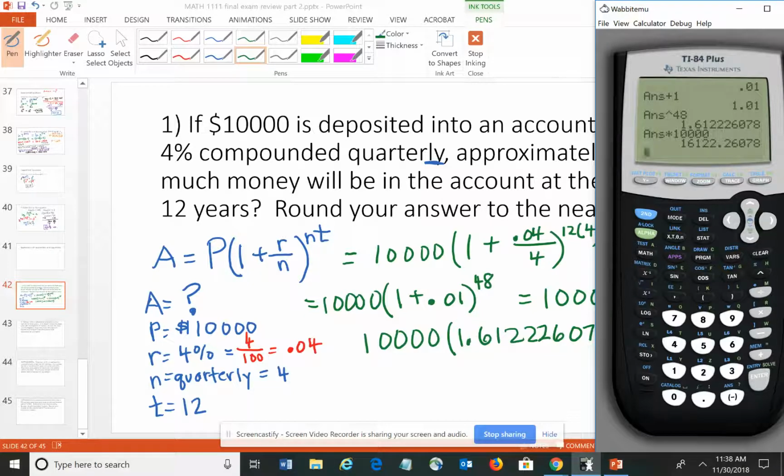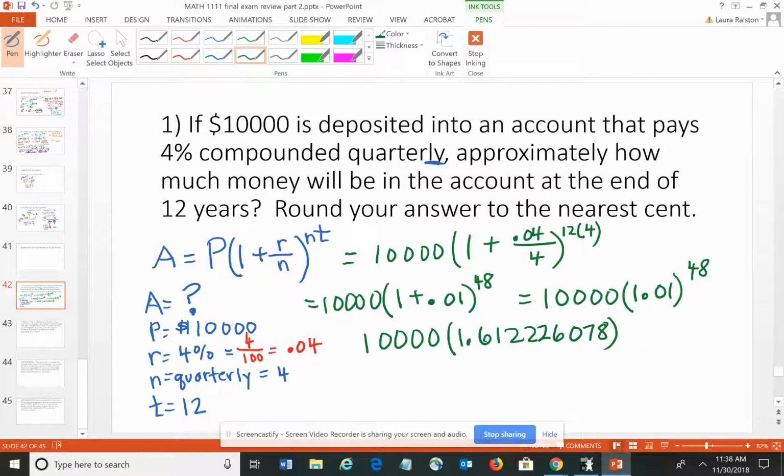It does say round to the nearest cent, so that would be 2 decimal places. And I know that when you enter this into the computer system for the final exam, they do not want you to put the dollar sign. So just put the number.